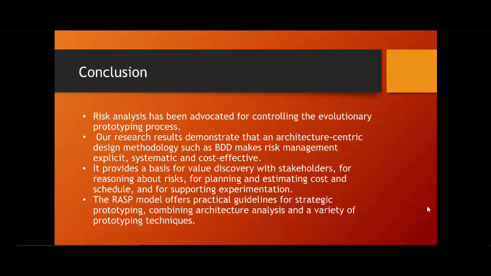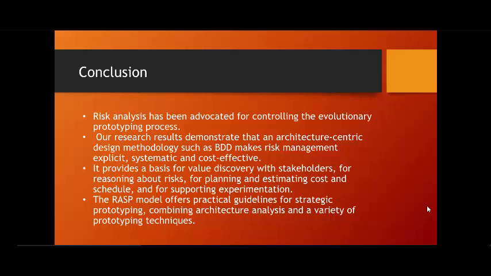So we are going to have a conclusion about all the materials we explained. Firstly, risk analysis has been advocated for controlling the evolutionary prototyping process. Also, our research results demonstrate that an architecture-centric design methodology such as BDD makes risk management explicit, systematic, and cost-effective.